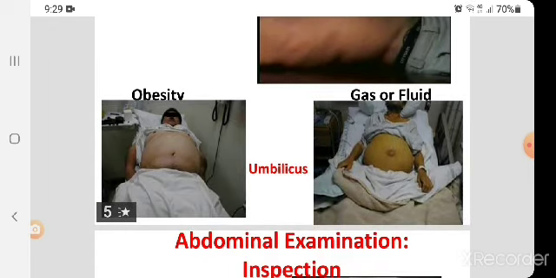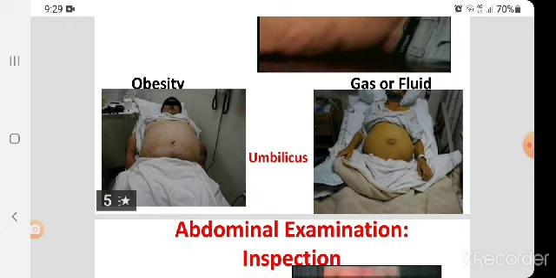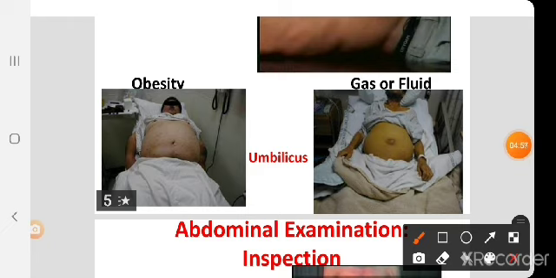If you look at these two pictures, you can see that both of these abdomens are distended. If you look at the left picture, you can see the umbilicus and you can see that it is normal.